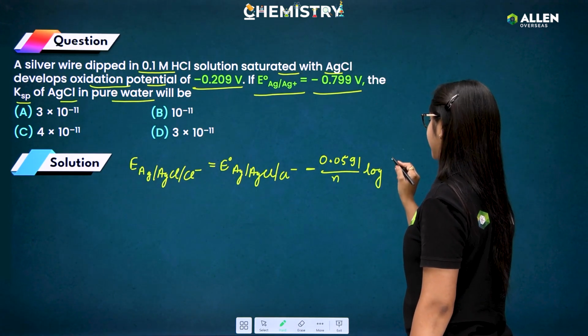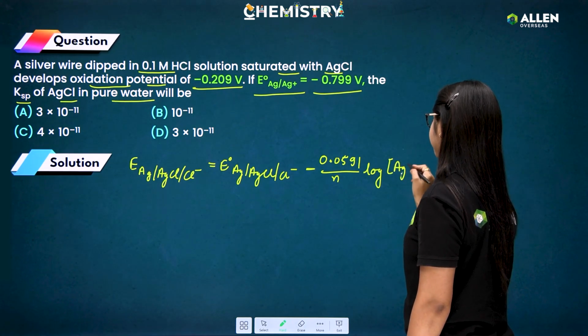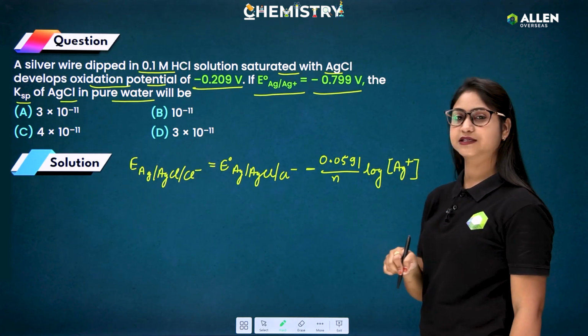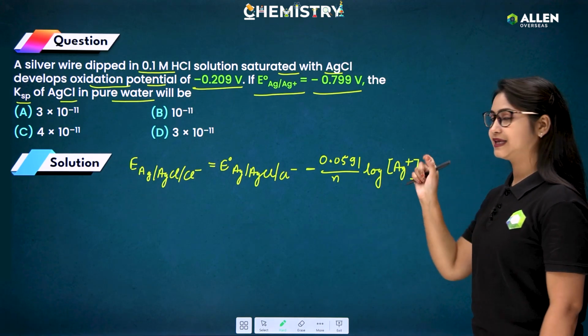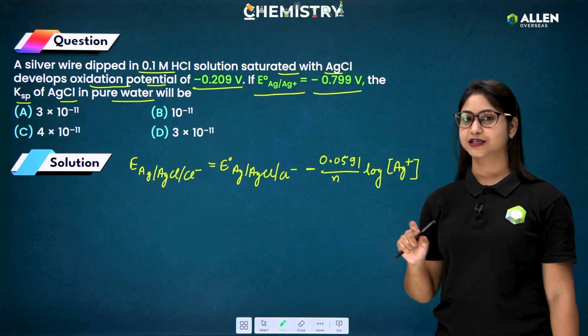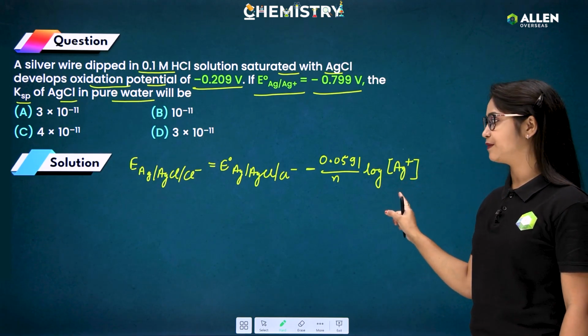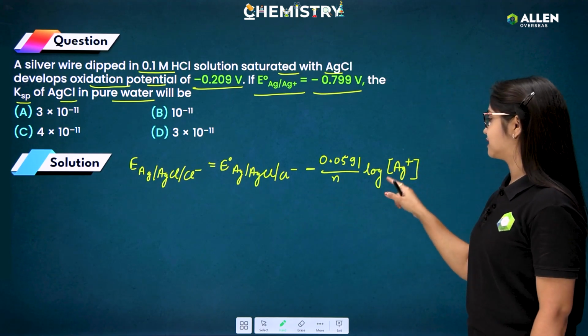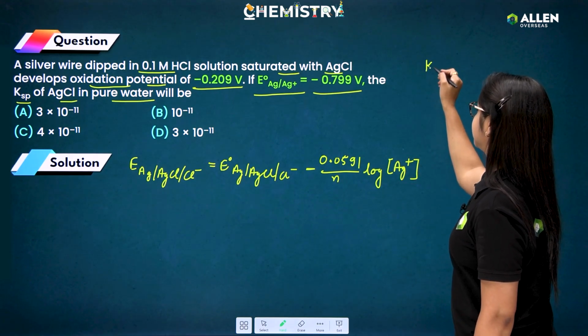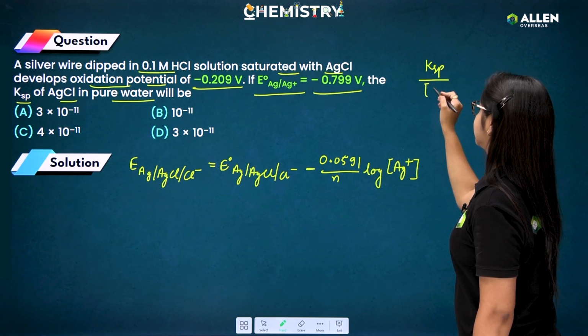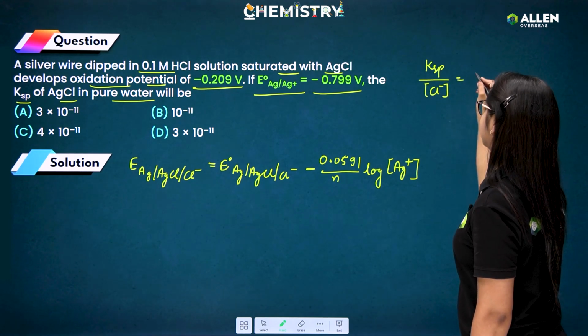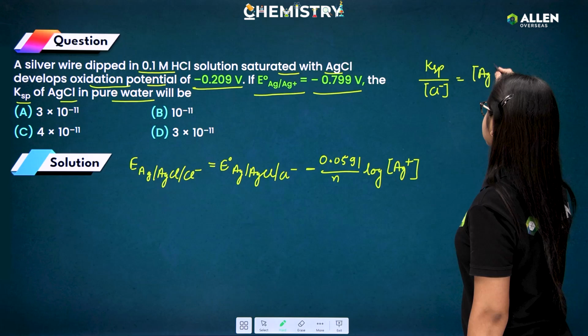Now what we have to write is the concentration of Ag plus. We have just seen this formula, right, where Ksp divided by Cl minus is equal to the concentration of Ag plus ion.